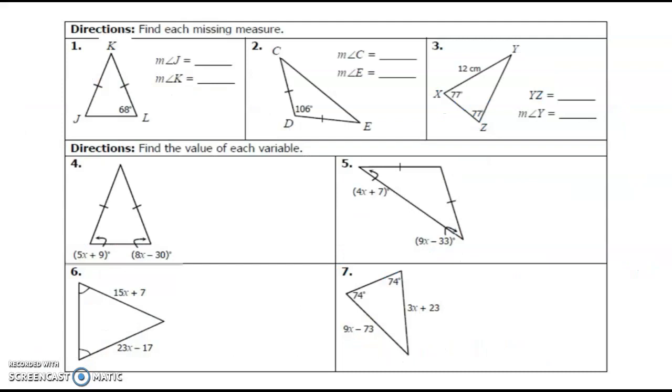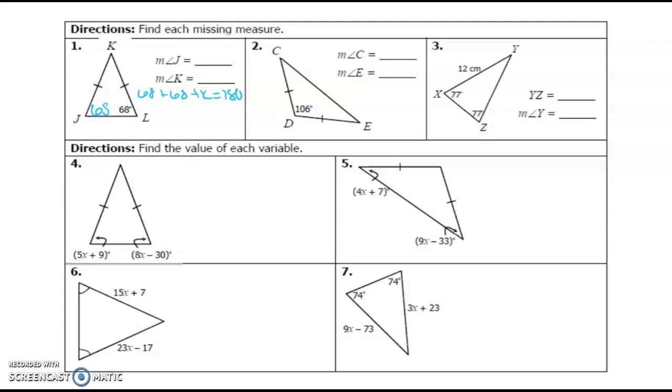All right, so let's do a couple examples here. So I'm looking at number 1, and the little tick marks on the side tell me that those two side lengths are the same. And so because of that, this angle should be 68. I don't know why it cuts off some of my writing, but just know that that should be a 68. And so angle J is 68.